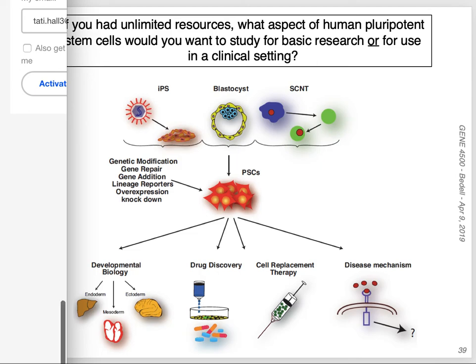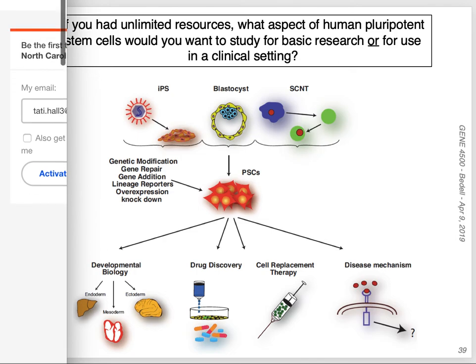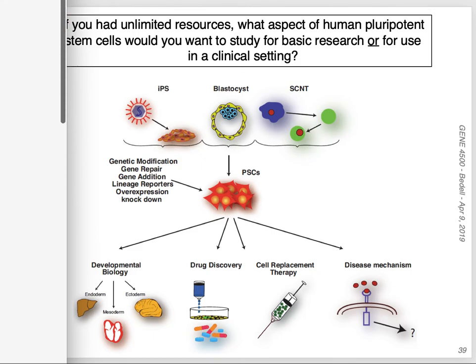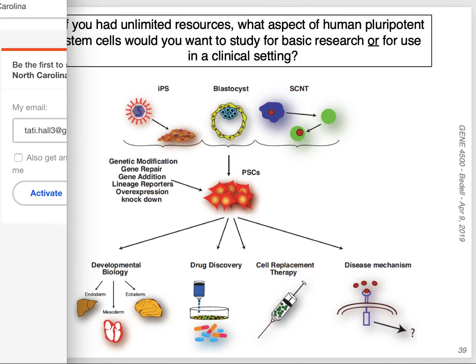Now the problem with this, and I don't know if it's ever going to get resolved, at least in this country, is that most countries follow what's called the 14-day rule. With human embryos, you can't culture them past the equivalent stage of development that would be 14 days, two weeks in utero. You can't do it.